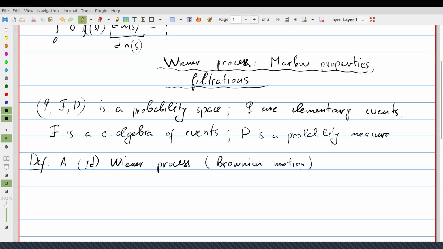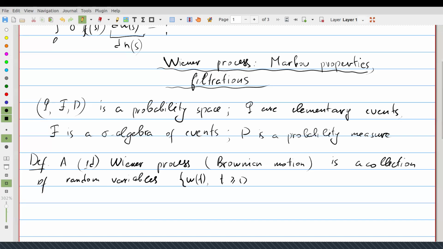So a Wiener process, a Brownian motion one-dimensional, is a random process that is a collection of random variables defined on this (Omega, F, P), W_t, t greater than 0. Sometimes you can discuss Wiener process on an interval from 0 to T capital, say. Nothing really changes.